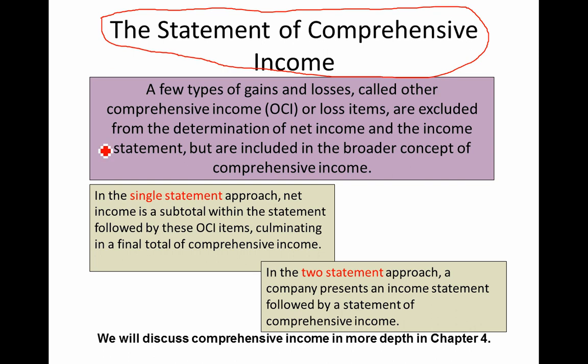We're going to be discussing this more in depth throughout this course and future financial accounting courses. But for right now, you need to understand that there are some changes coming. And what we now call the income statement is going to be changed to the statement of comprehensive income. So we'll talk about comprehensive income a little bit later.